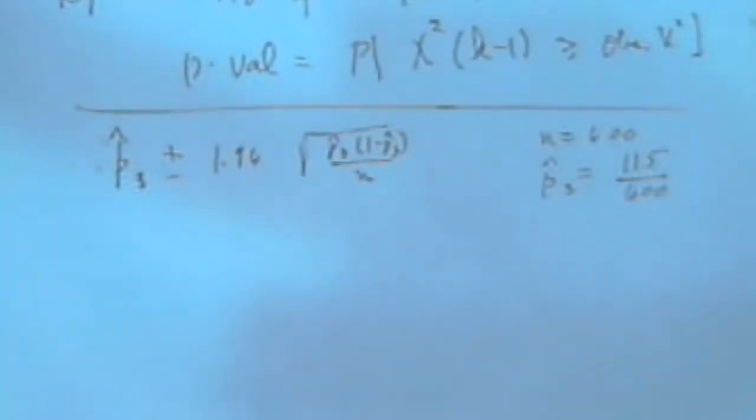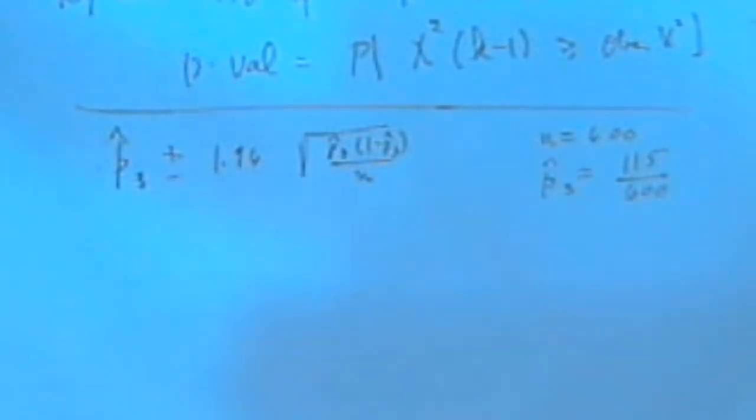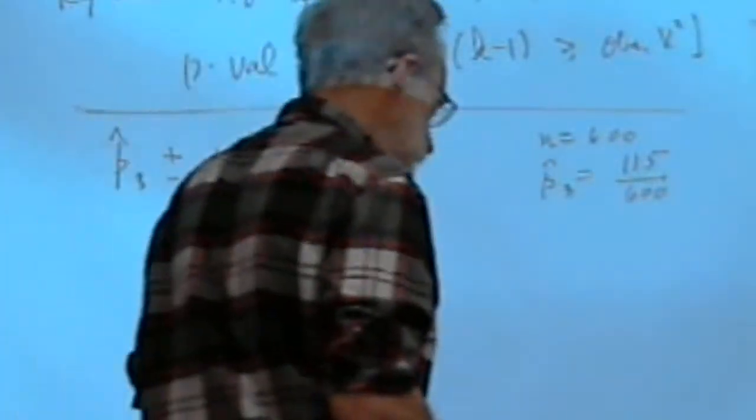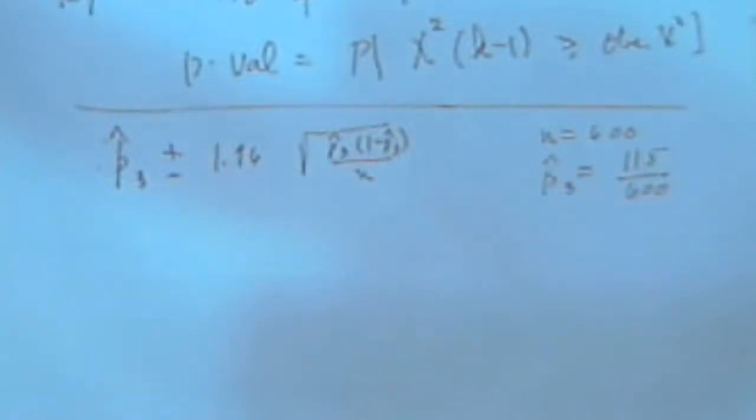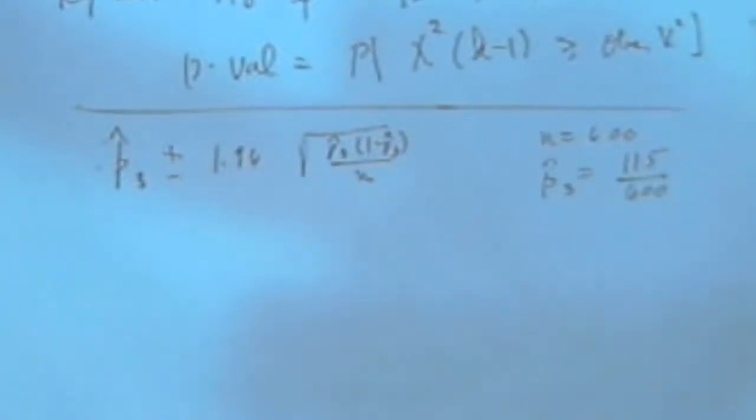Okay, the second setup: the form is known, that's it, but you don't know the exact distribution. And there's a great example in the book. I found this data set, I couldn't believe it.